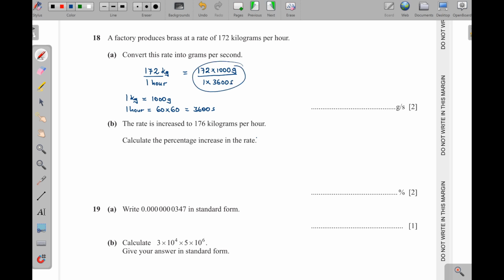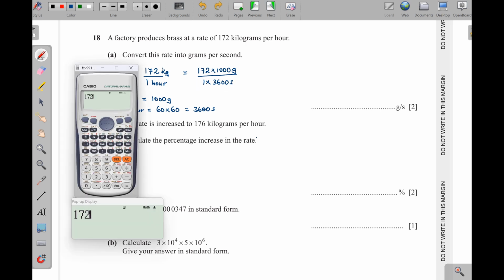So what do we get altogether simplified? 172,000 divided by 3600. This one is 430 over 9. You can leave it like that, or you can write it as a what? We call that a mixed number.